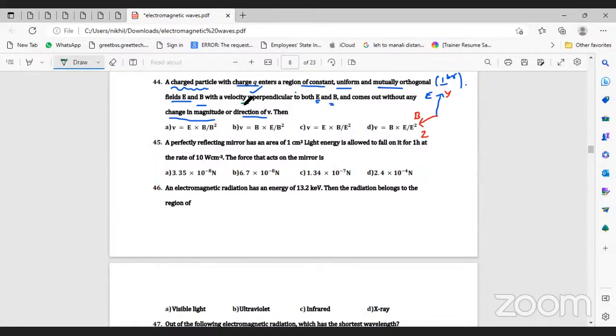Charge is moving with the velocity V perpendicular to both electric field and the magnetic field, like this. Let us say the charged particle is Q.